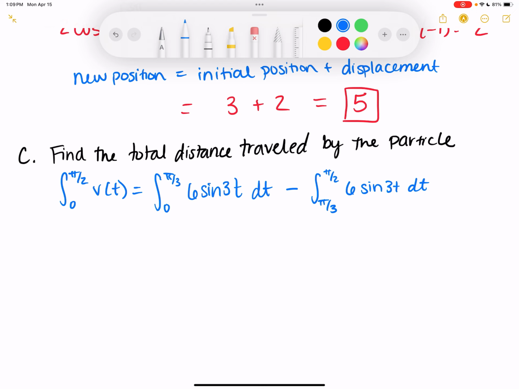All right, so again, I'm not going to change the parameters, but I need u substitution again. I'm going to take the 6 out of both integrals when I do that as well. So again u is 3t, du is 3dt, 1/3 du is equal to dt.